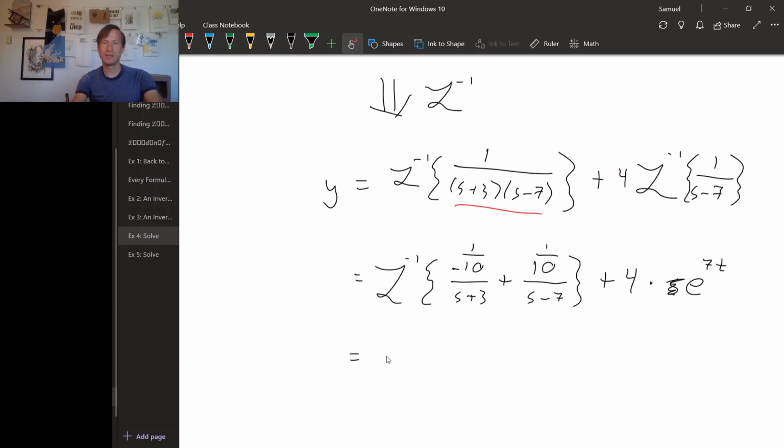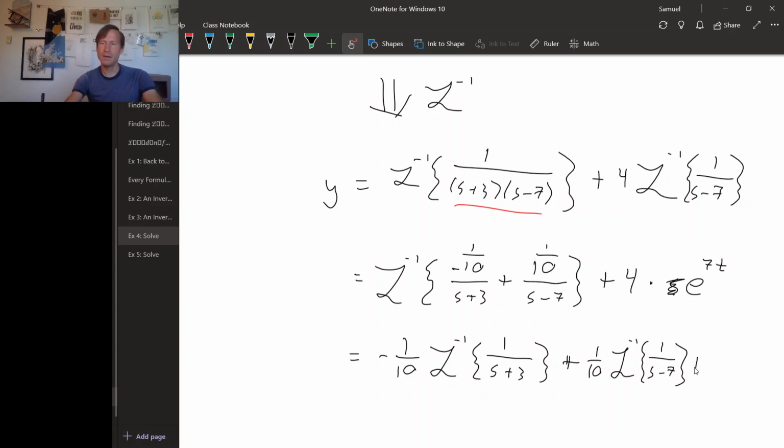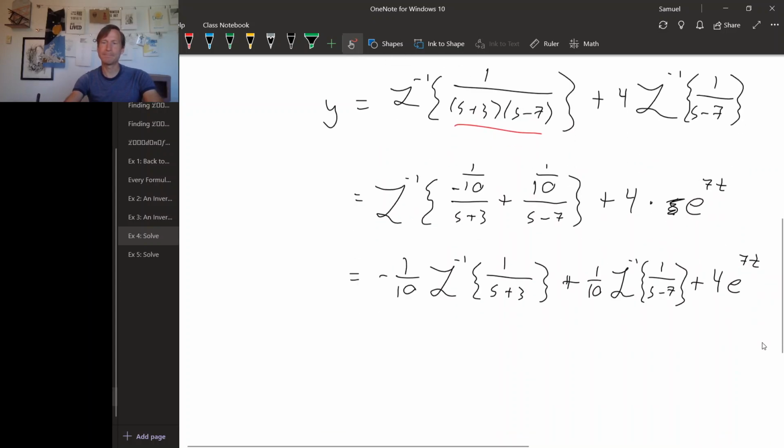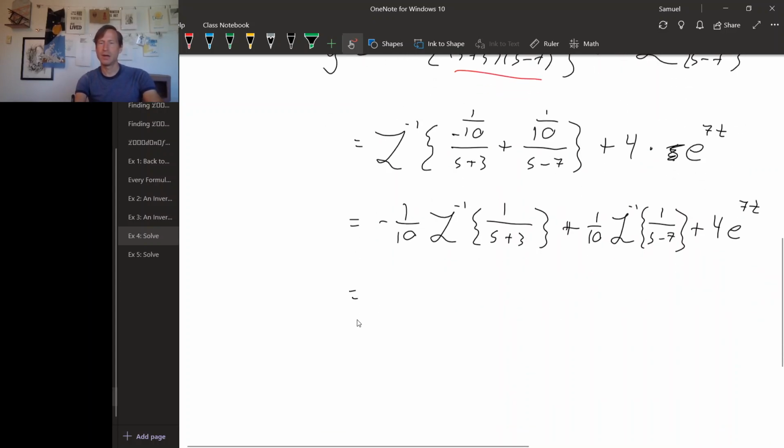Okay, so now we need this minus 1 over 10. That's a constant multiple, so we can move that outside of this inverse transform. So minus 1 over 10 times the inverse transform of 1 over s plus 3, plus 1 over 10 times the inverse transform of 1 over s minus 7, and plus the part we already worked out, 4e to the 7t. All right, so minus 1 over 10.